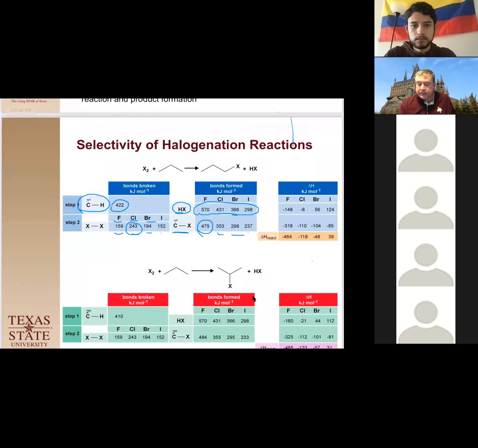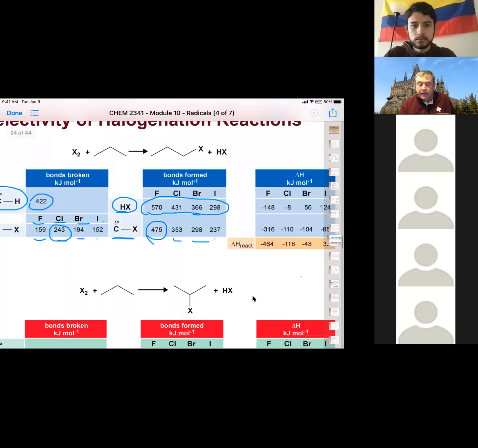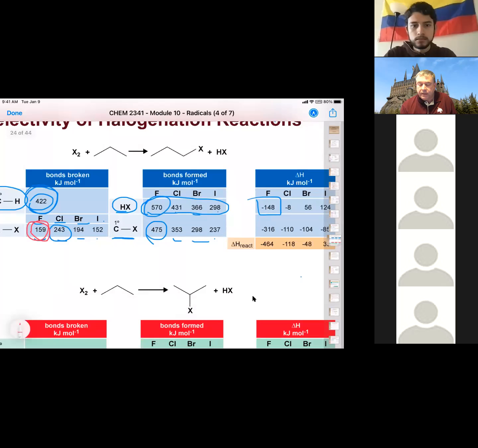So what's the net result of this? The net result is this table here. If we subtract the reactants from the products, we end up with this number here. And if we do the same for this reaction and add those together, this is the net heat change, the enthalpy change of the reaction.